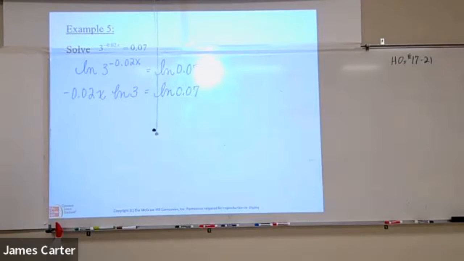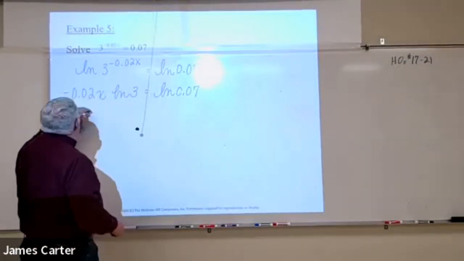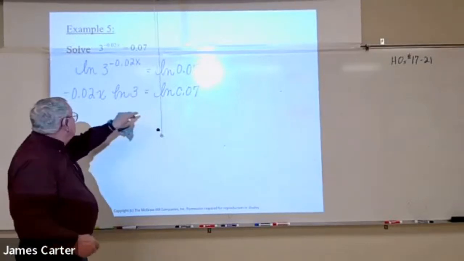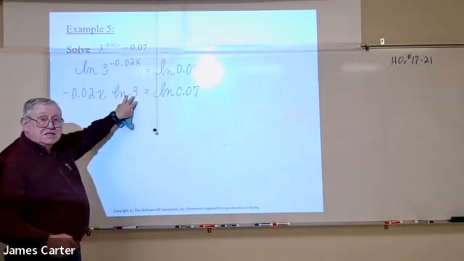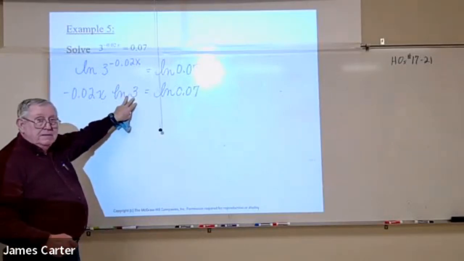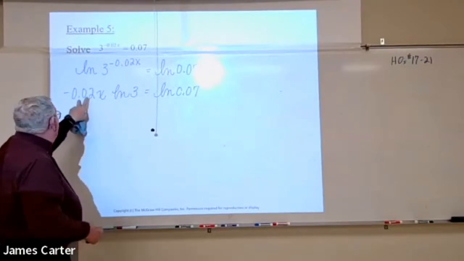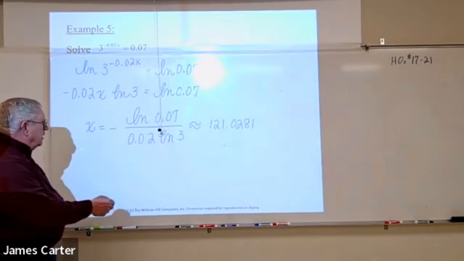The next you can do in one step or two. You can divide both sides by this, then divide both sides by that, because that is times x just as much as this is. Or you can do them both at the same time, which is what they did.